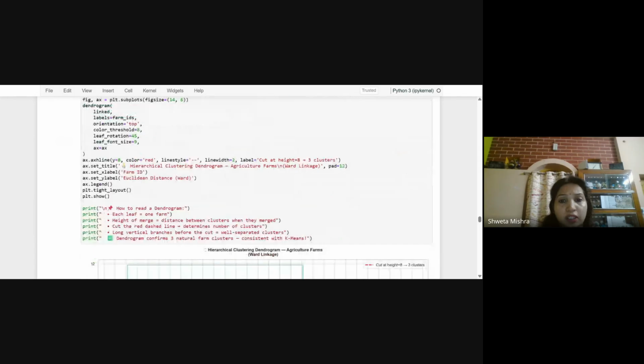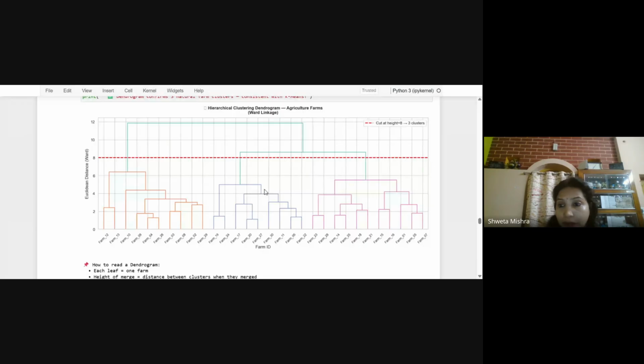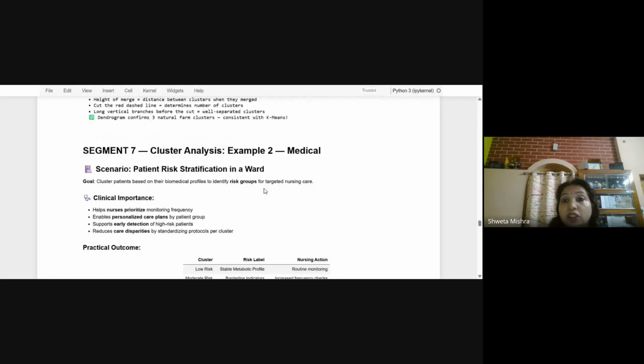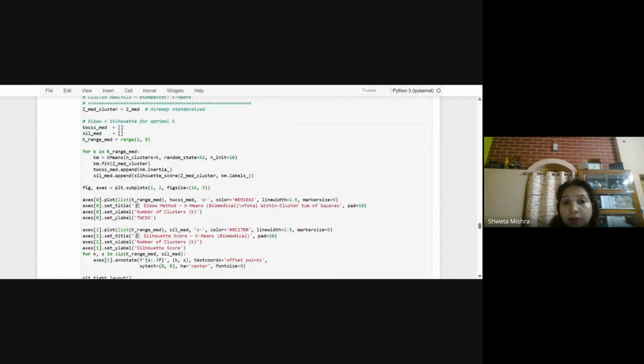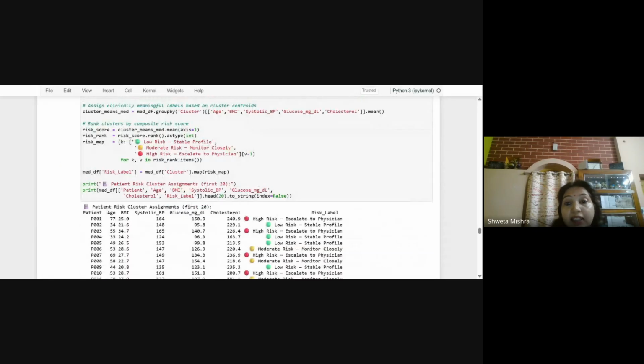Then we have used hierarchical clustering also. But before that, let me explain the medical one, which is important. For the medical data, we have already divided the patients into different groups or clusters based on principal components and the risk level.